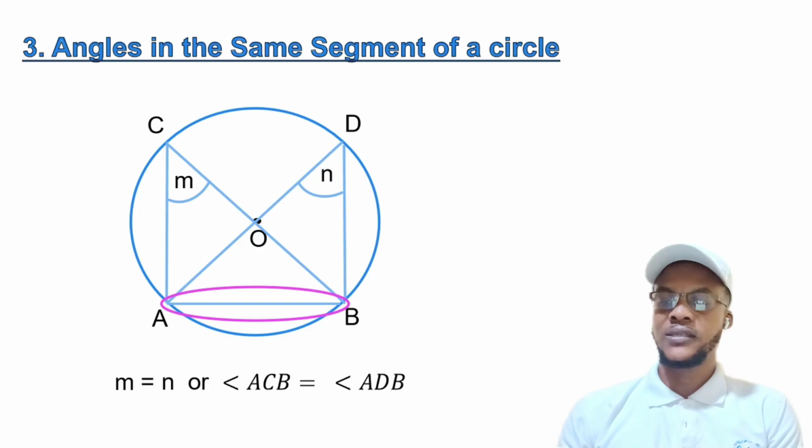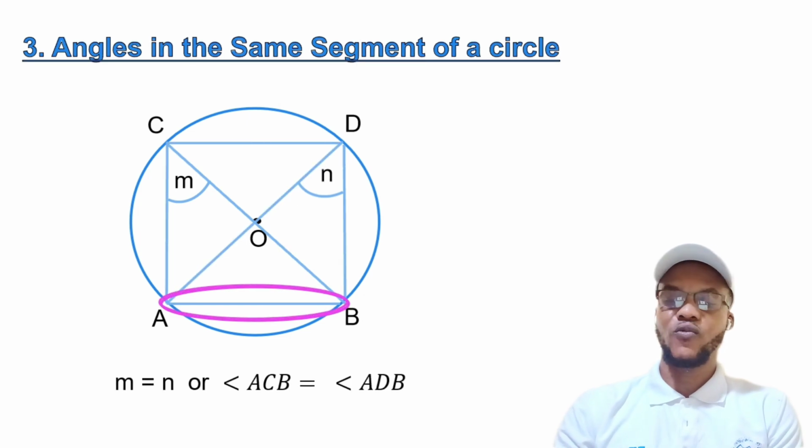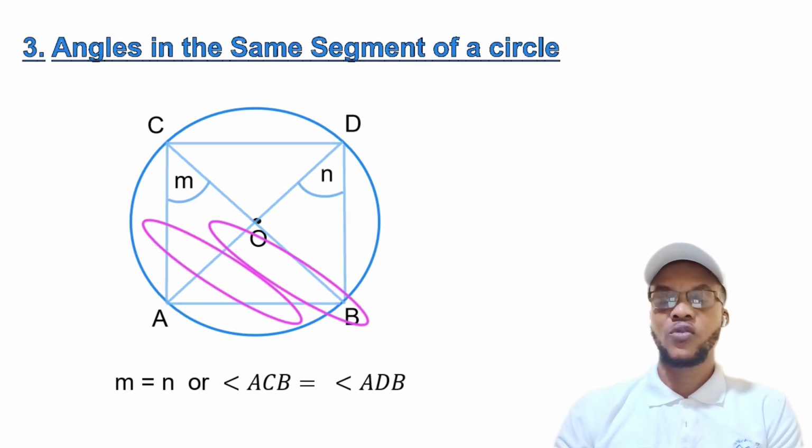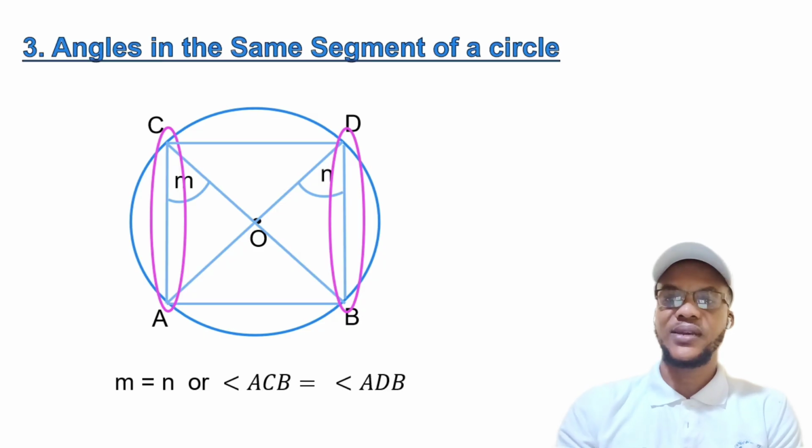All right, we can even try to draw another line here. And once we draw another line there, these two parts can also be chords. You can see that all those line segments are chords.